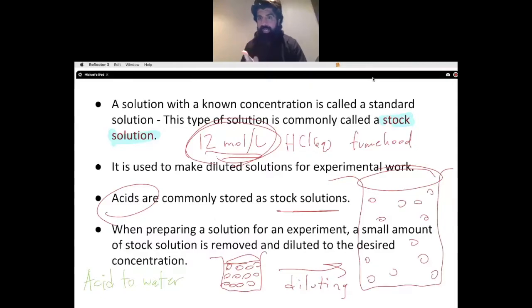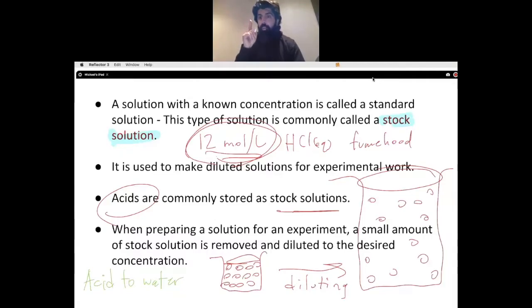We prepare how much water we need ahead of time, so we know. We're using these calculations. We know how much water we need to properly reduce the concentration to the desired concentration.